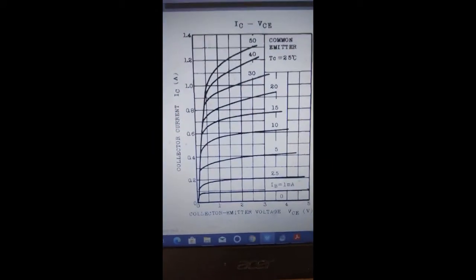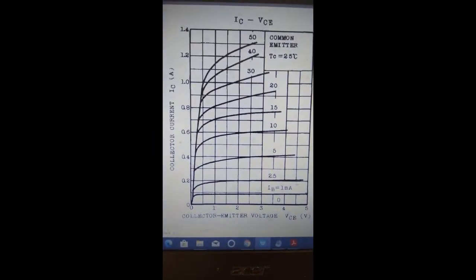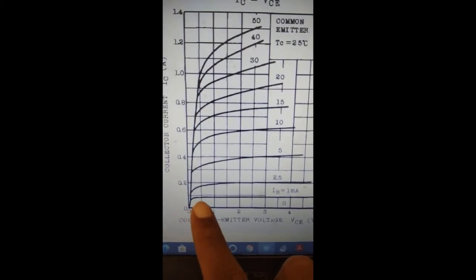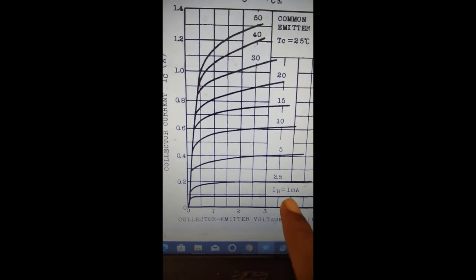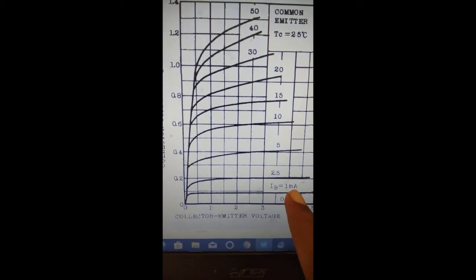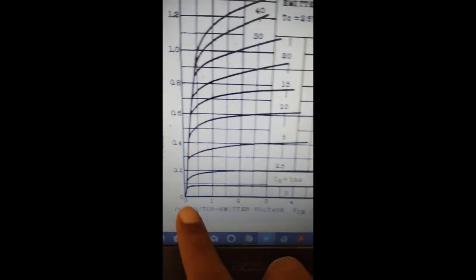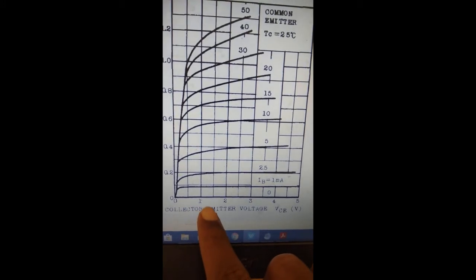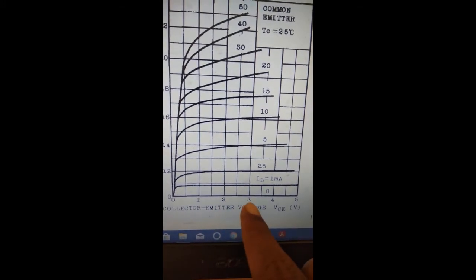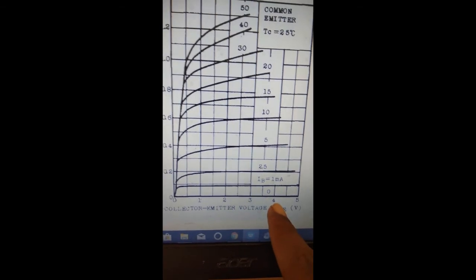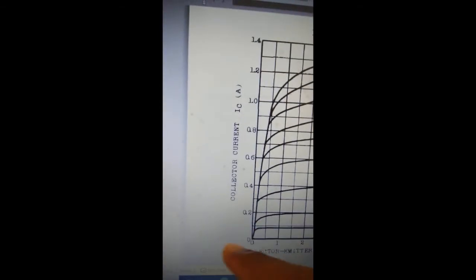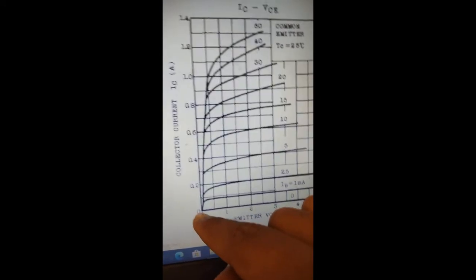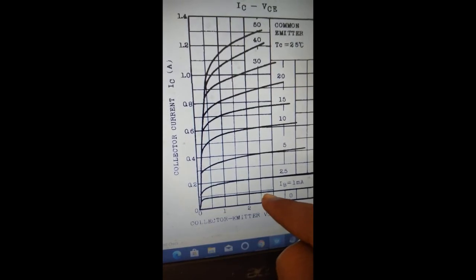Now when we plot the characteristics of voltage versus current, now in this case you can observe initially base current IB, it is constant for 1 milliampere, and when we increase voltage VCE from 0 to 1 volt, 2 volt, 3 volt and 4 volt, then current value IC, it increases, and this IC, it will be constant.